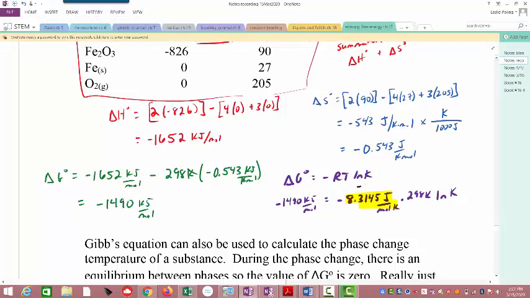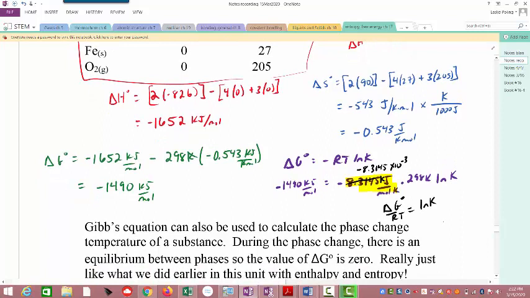So if I make it negative 8.3145 times 10 to the minus 3, I'm now in kilojoules. Okay, so I'm going to divide both sides by R and T. So delta G divided by RT equals the natural log of K.